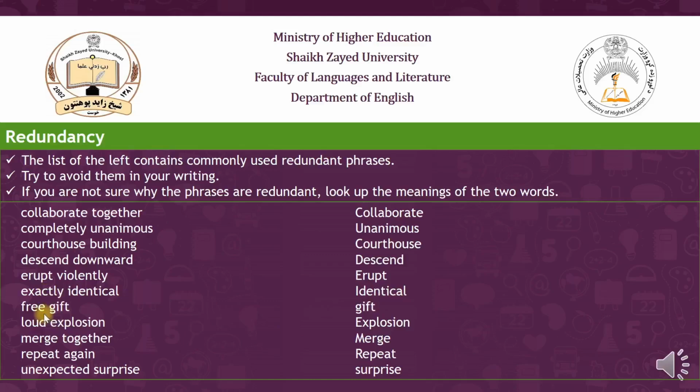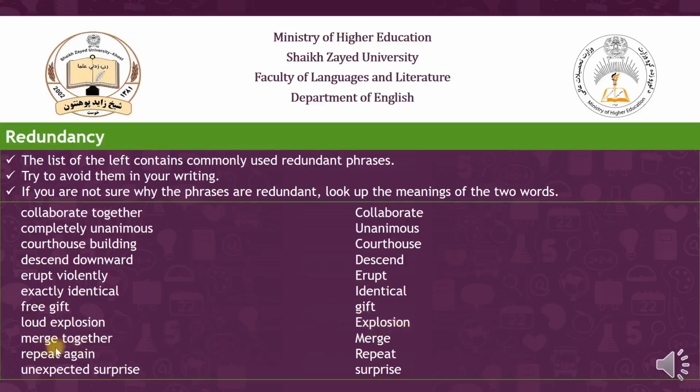Here we have free gift. Gift by itself is free. Then no need to write free here. So we can only write gift here. Loud explosion. Explosion by itself is loud. Then no need to write loud explosion. We only write explosion.